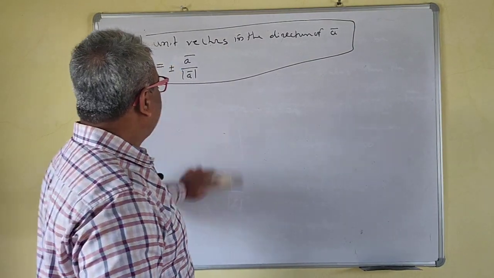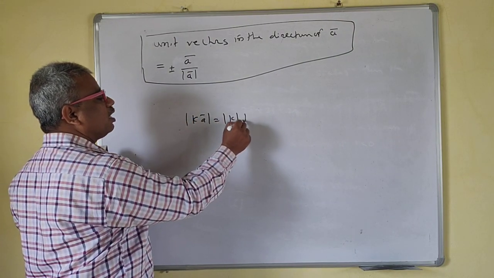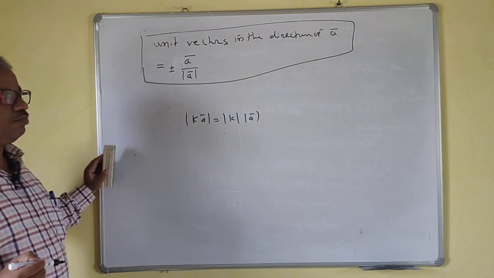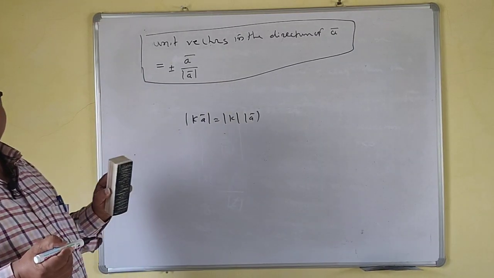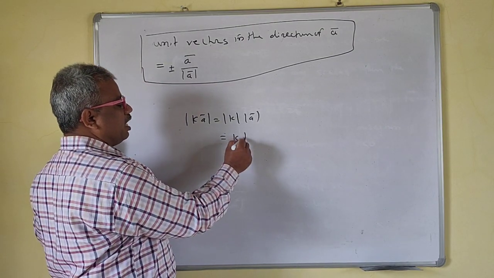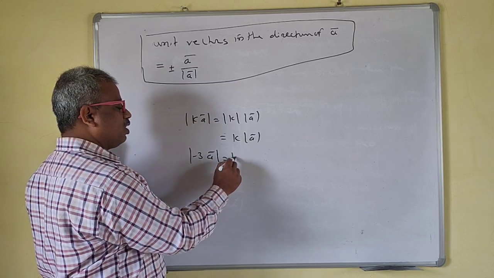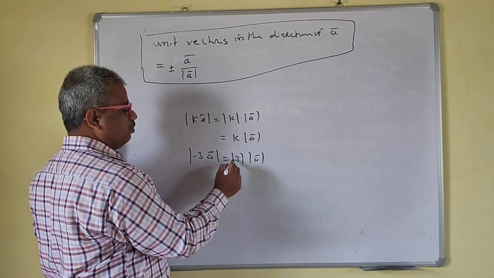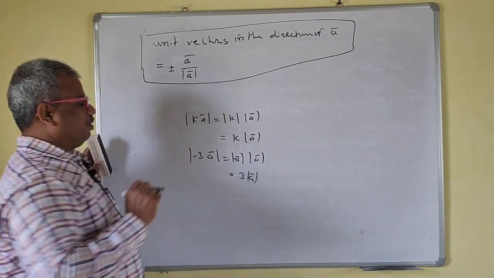Note that here also, mod of k a bar, you have to write this as k into mod of a bar, because magnitude is always positive. Magnitude, because it is a length. Length is always positive. So don't write just k into mod of a bar. Because if you want this as minus 3 a bar, then this will be minus 3 into mod of a bar. But mod of minus 3 will be 3, then this will be 3 times mod of a bar, right?